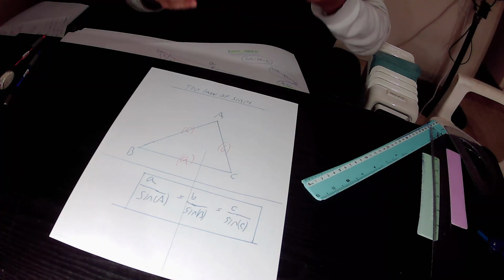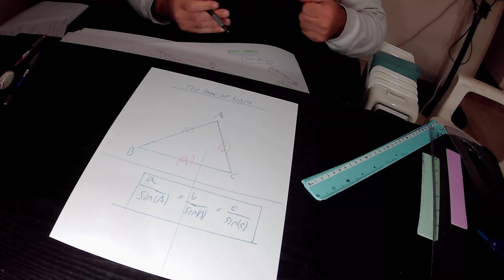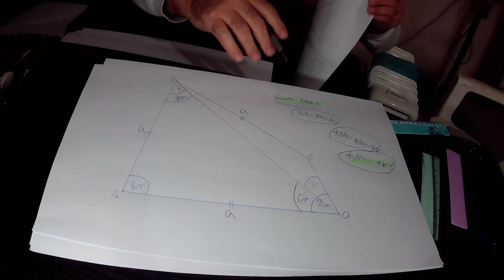Because the law of sines is true in any triangle, we can implement the law of sines in this triangle ABD.